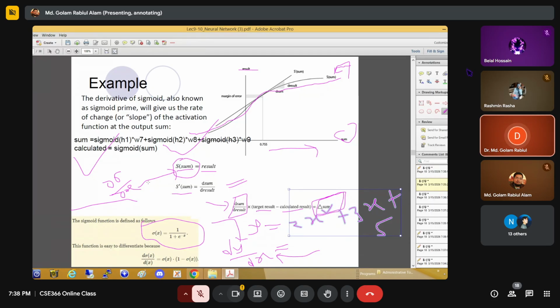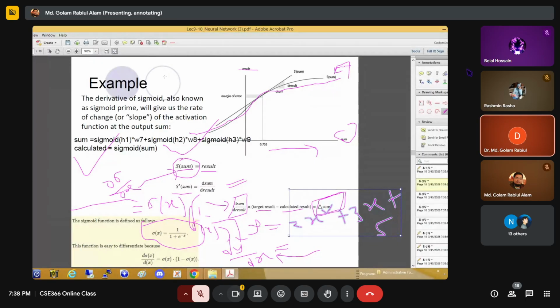Finally, if we take the derivative of the sigmoid function, it will give us the sigmoid of the sum times 1 minus sigmoid of the sum.